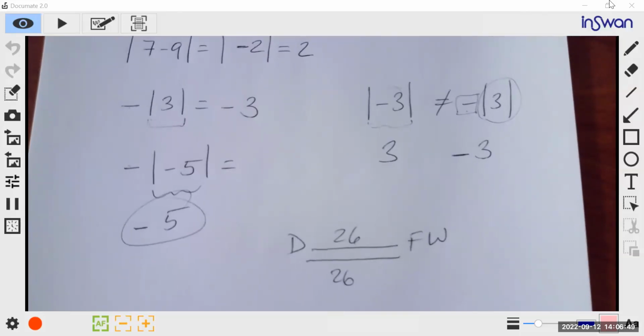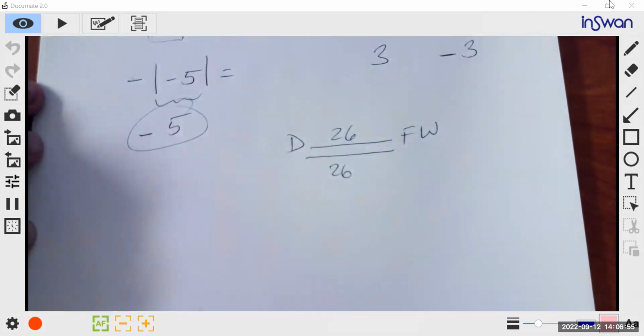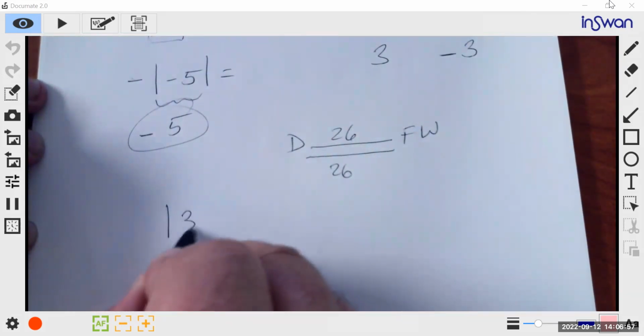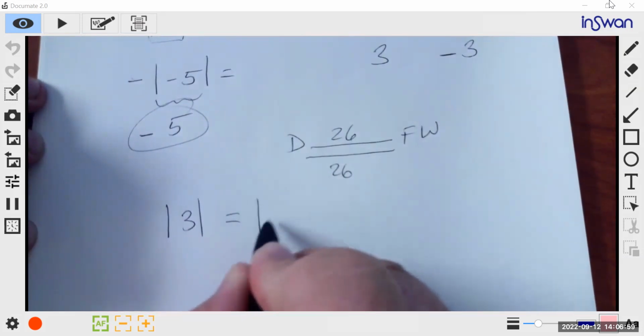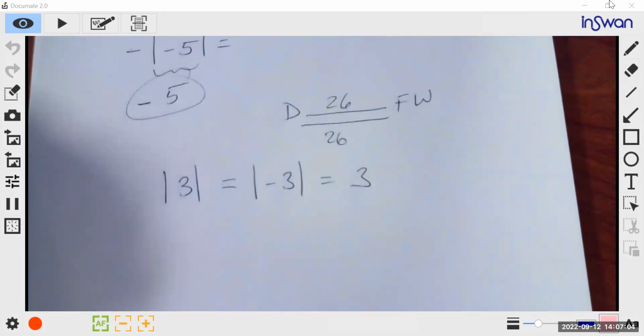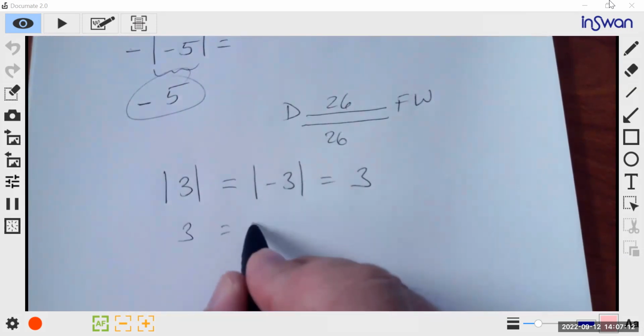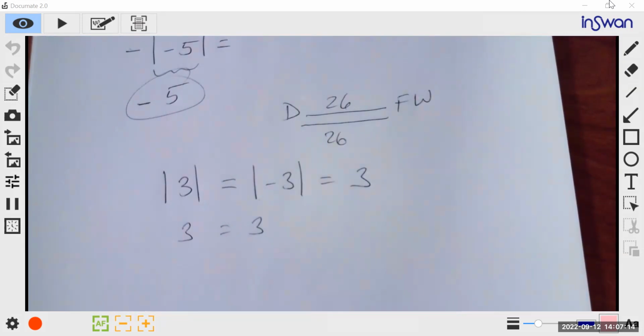So now, let's look at what it really means. Are they the same answer? Absolute value of 3 is 3. Absolute value of negative 3 is 3.